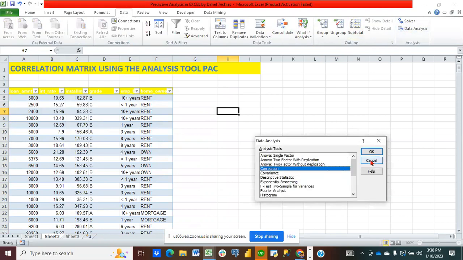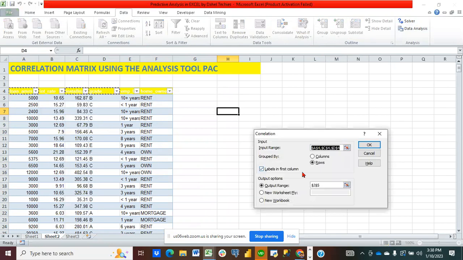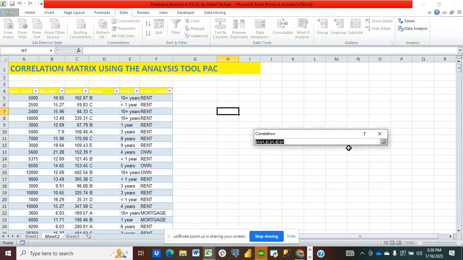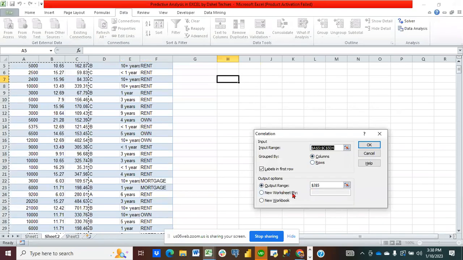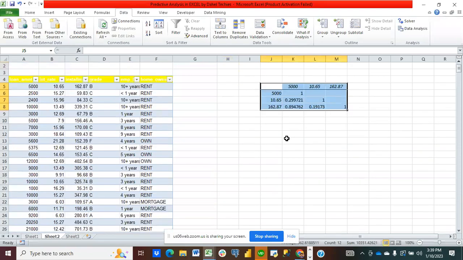I just deleted a particular column. Group by columns. All right, it worked.